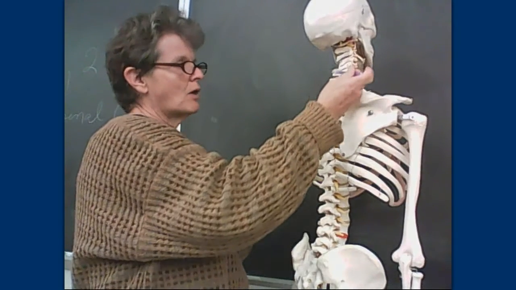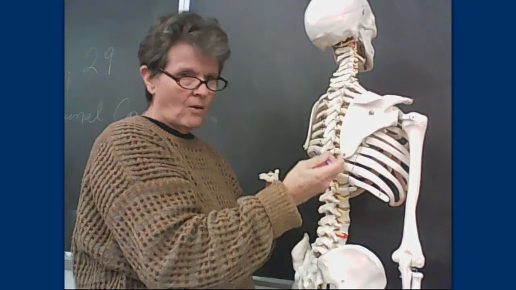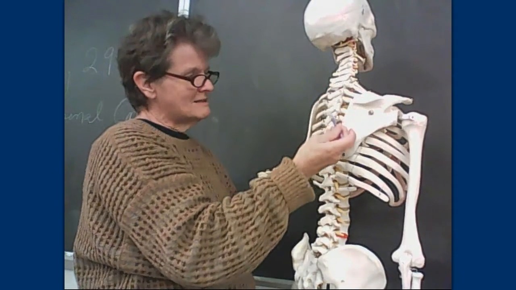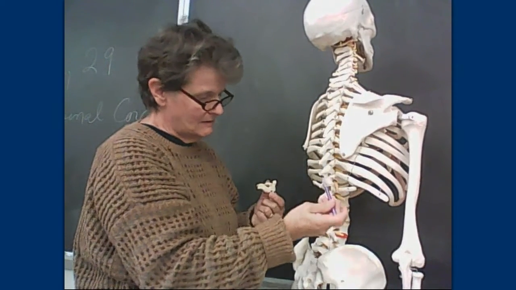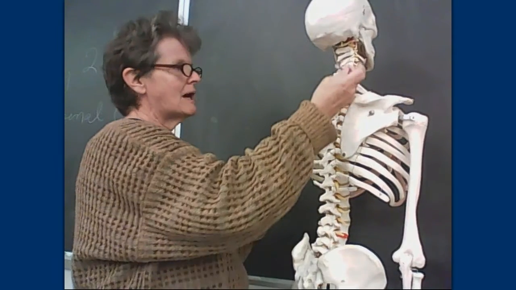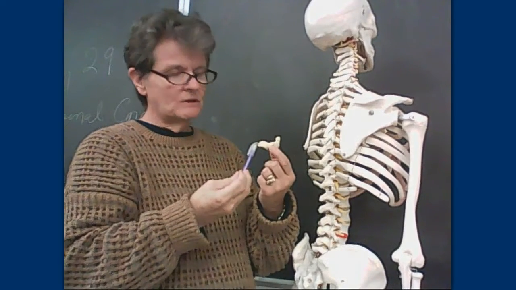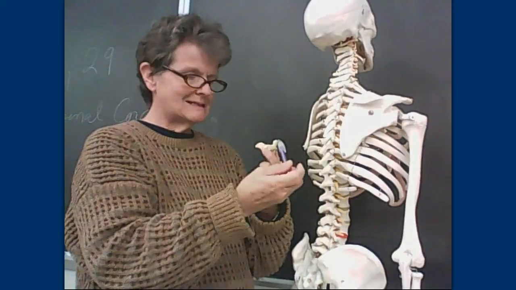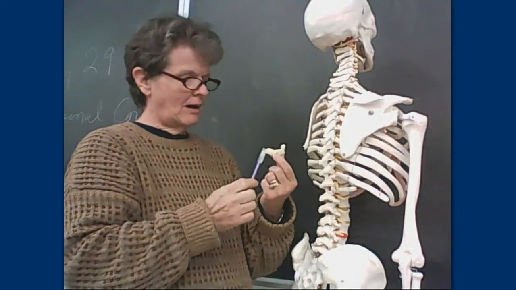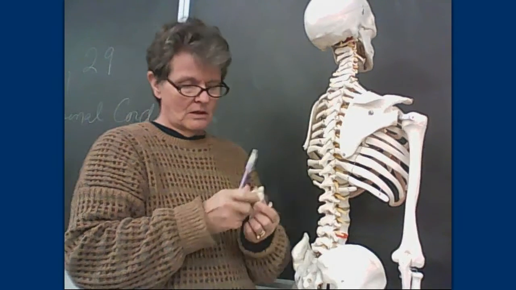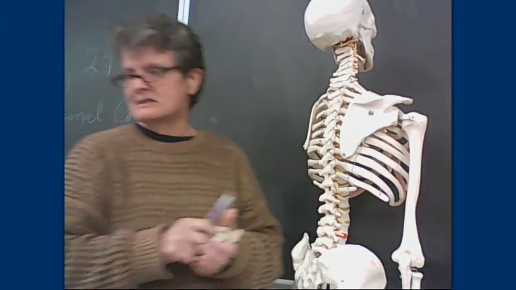The spinous process protrudes posteriorly from the vertebrae. These are all spinous processes. So this would be posterior, and the dens would actually be anterior, toward the front of the body. Those are C1 and C2.